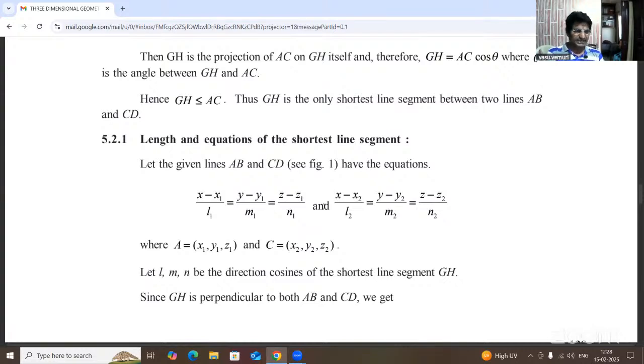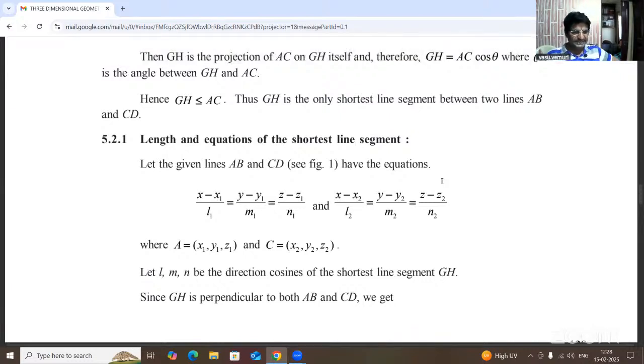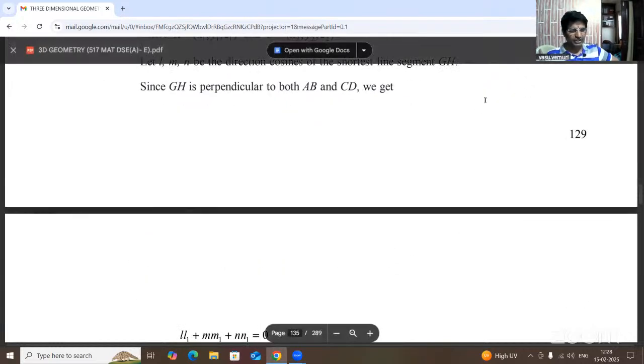We discuss the length or magnitude, that is the shortest distance. The second symmetric line is x minus x2 by L2 equal to y minus y2 by M2 equal to z minus z2 by N2. Here the point on the first line is capital A, and the point on the second line is capital C. Let l, m, n be the DCs of the shortest line segment. So GH is perpendicular to both AB and CD.